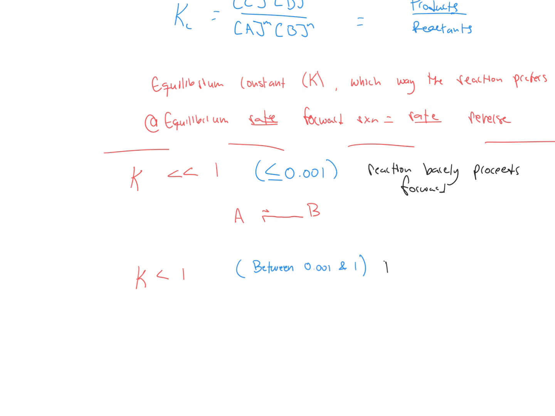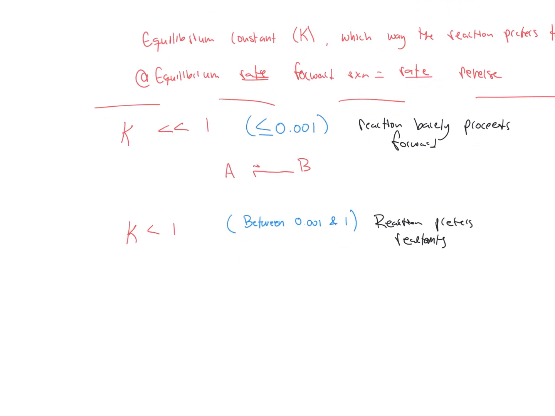This means that the reaction prefers reactants. And so again, in my case of A and B, what this basically says is this forward arrow is small. It's not extremely small like the last case, but it's smaller than the reverse. Right, the reaction would rather go backwards overall than go forwards.